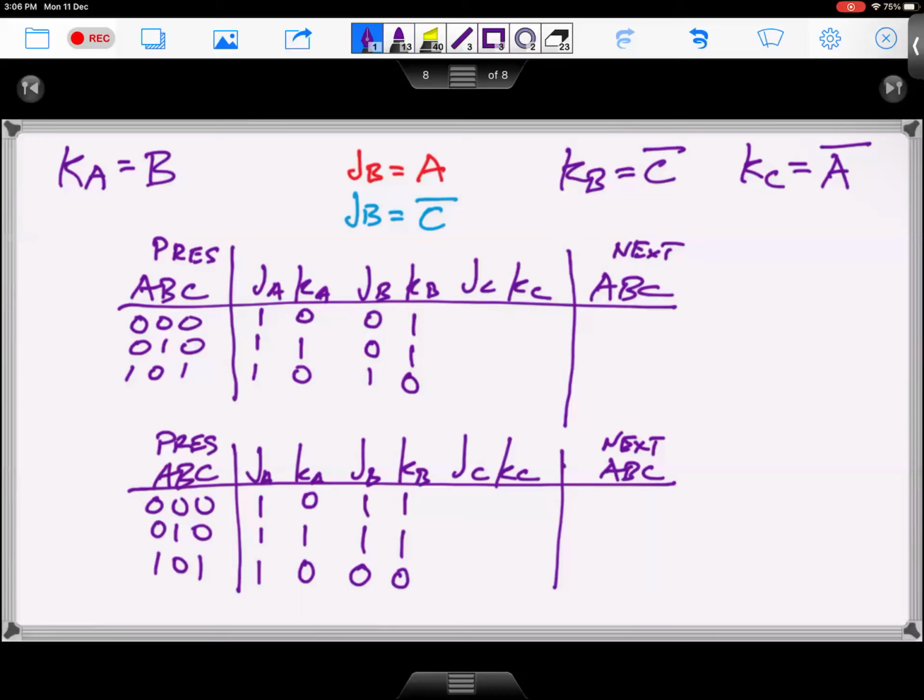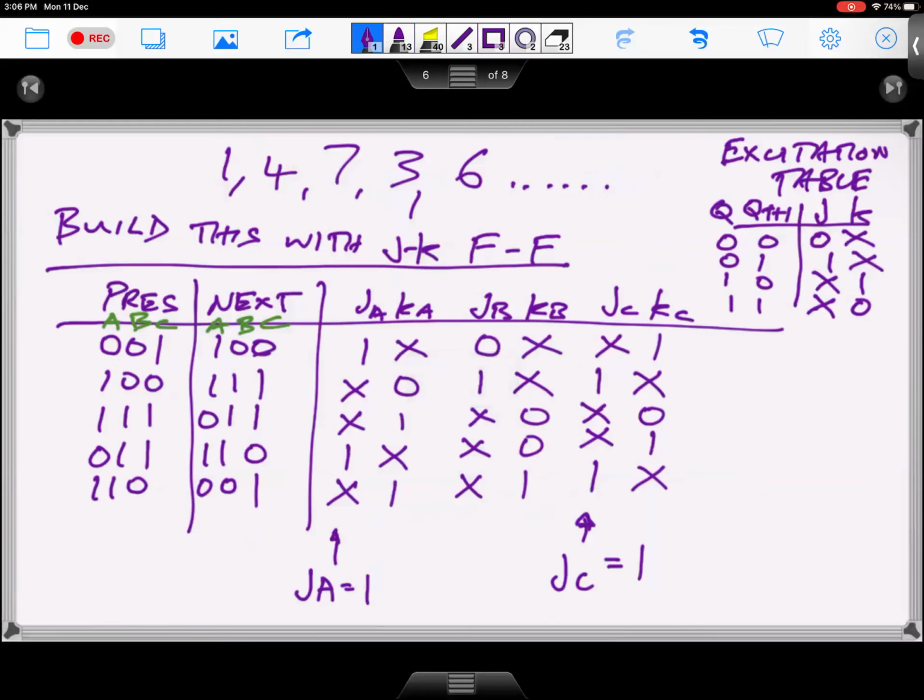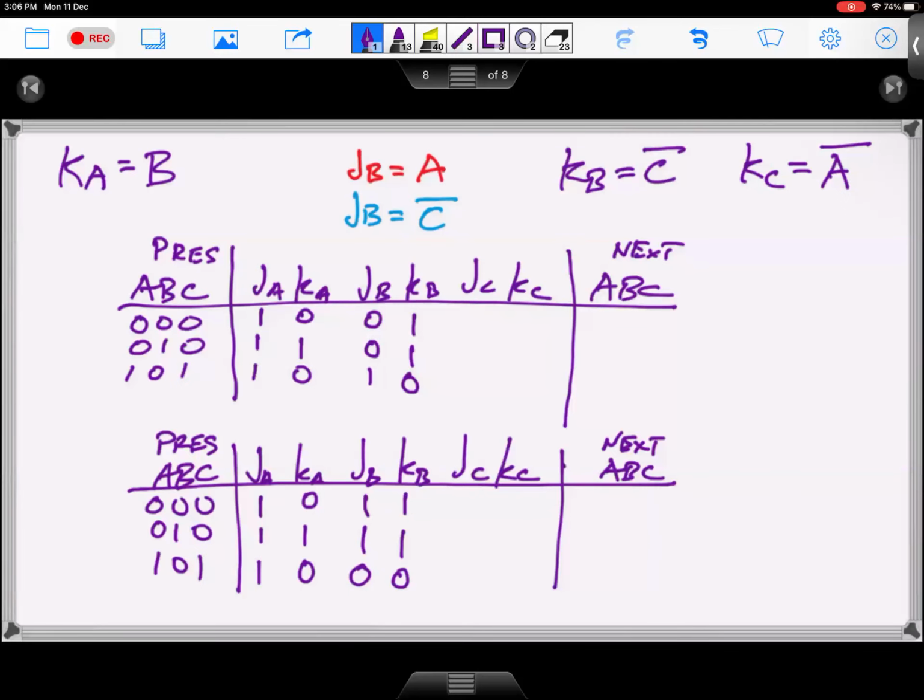We have JC. That's where I made a mistake. Let's come back here. JC is 1, I believe. JC must be 1. Yes, JC is 1. Okay, JC is always 1. So we're good to go. KC is A bar.